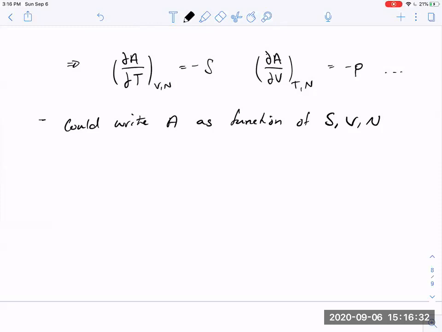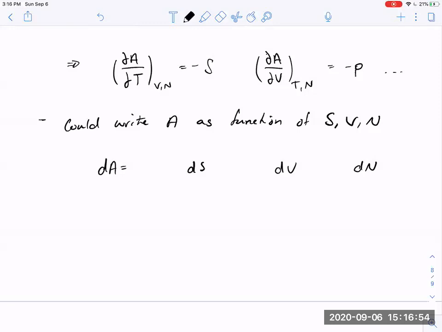We can write out a function however we want. If we did that, we would have dA. If it's a function of S, V, and N, that means its changes occur through changes in entropy, changes in volume, and changes of number of particles.